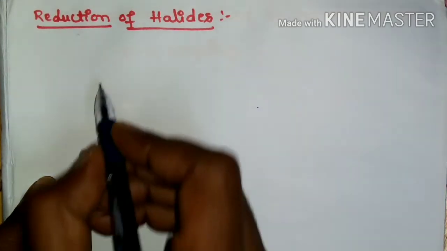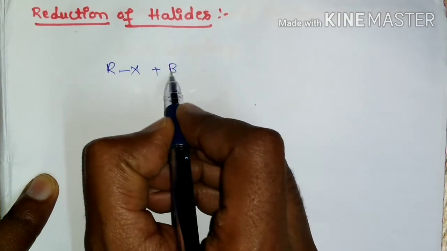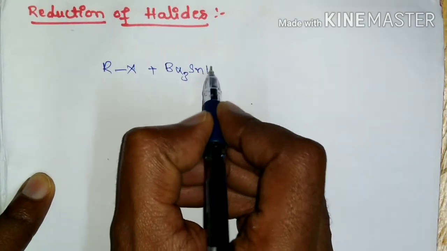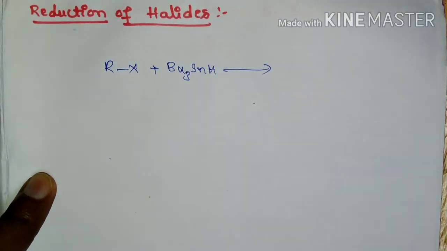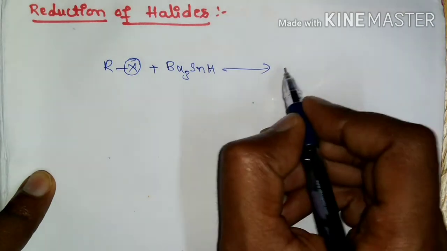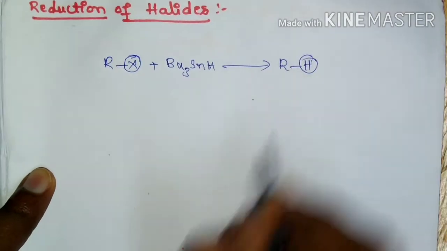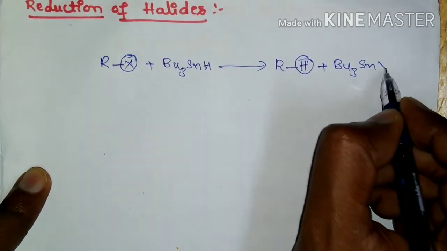If I write the general reaction, if we take a halide and treat it with tributyl tin hydride, what we can expect is that the halogen atom will be replaced by hydrogen, and we are going to get tributyl tin halide.